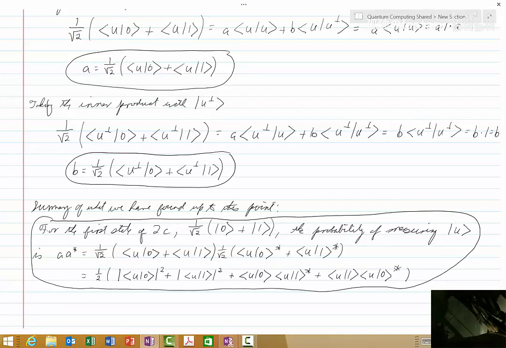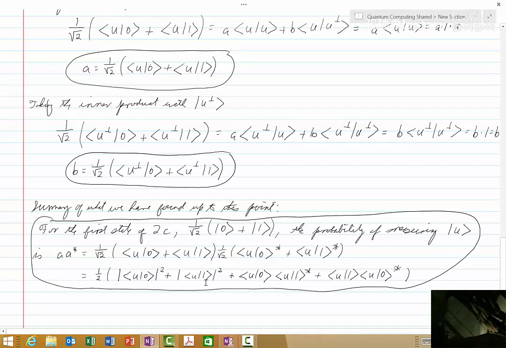Now, we could go ahead, if you wish, and compute the probability of measuring U orthogonal, but as I stated before, to do that, all we would need to do is multiply B by B conjugate.